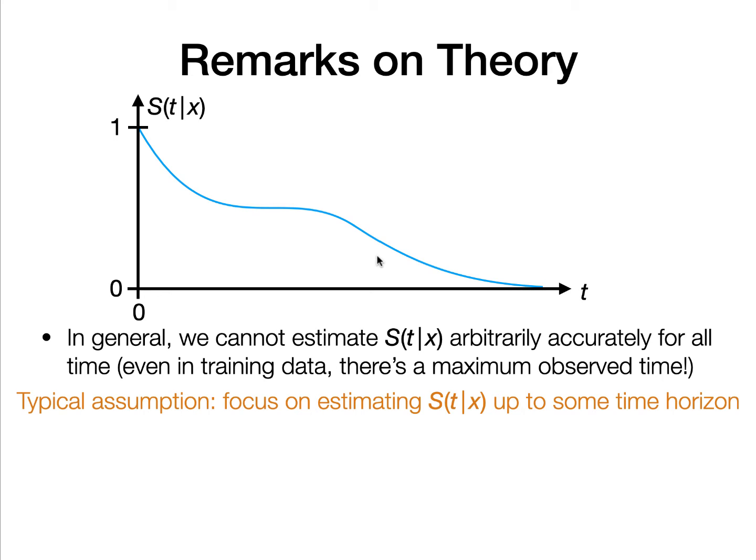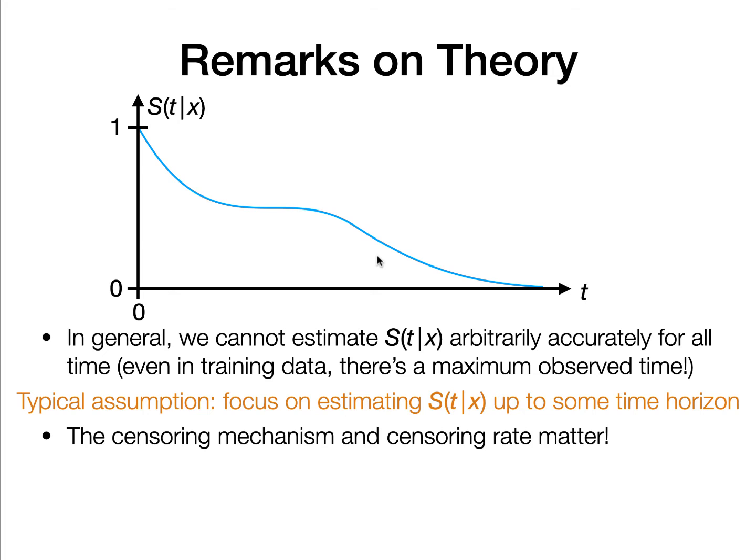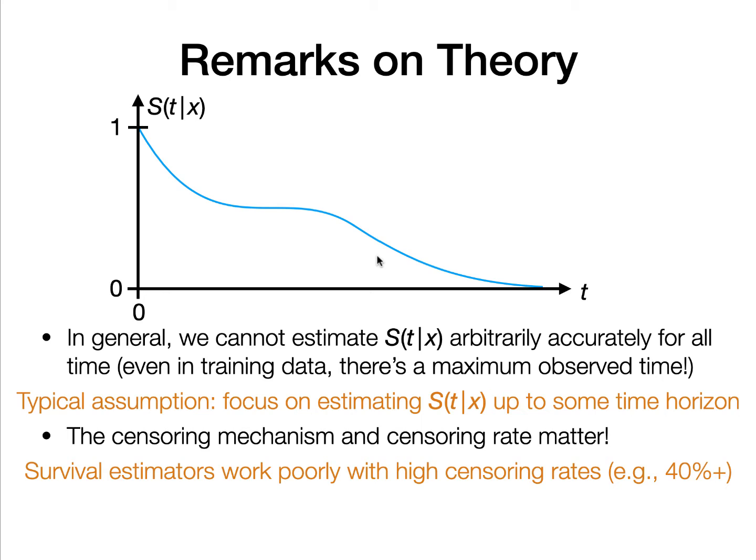So typically in theoretical analyses, people will focus on estimating S of t given x accurately just up to some time horizon. Another thing I'll say is that the censoring mechanism and also the censoring rate do matter a lot in practice. Basically, survival estimators will tend to work poorly if you have high censoring rates. What do I mean by this?